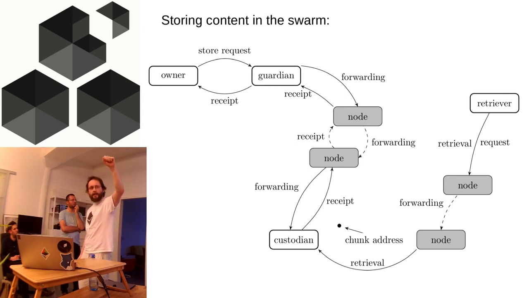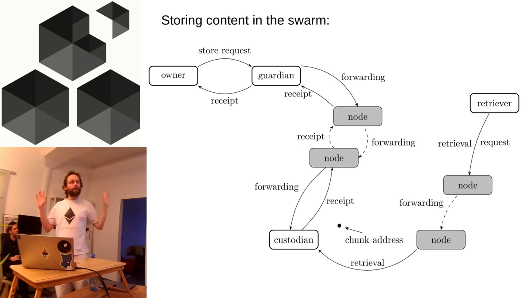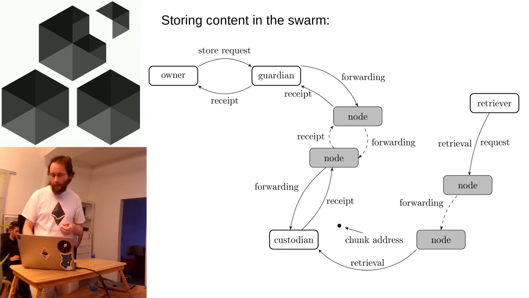And once that guardian has given you the receipts, you're out. You don't have to worry about the data propagating. You don't have to get a receipt from the final node, because all this chaining together can be handled at the time of litigation later.